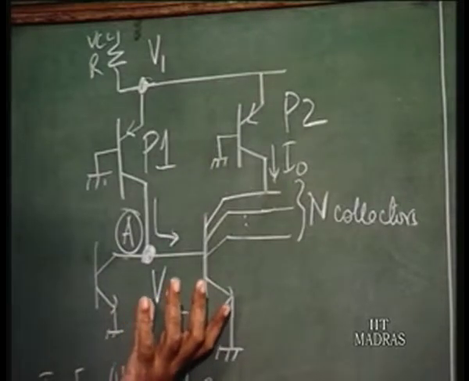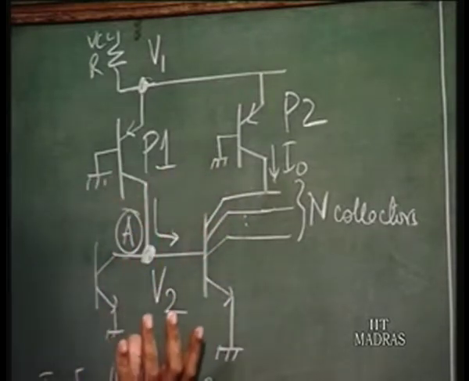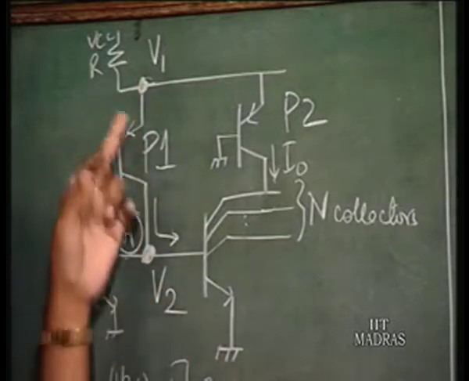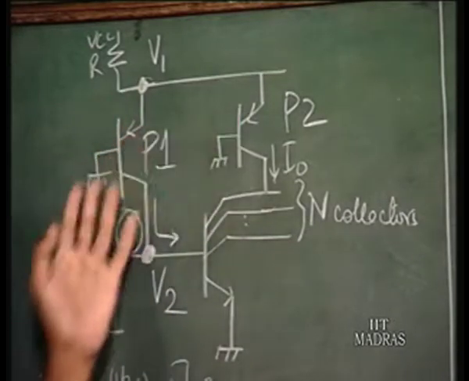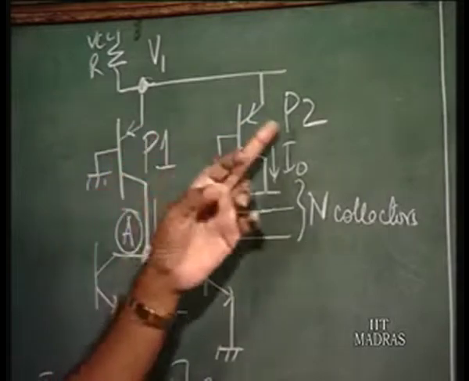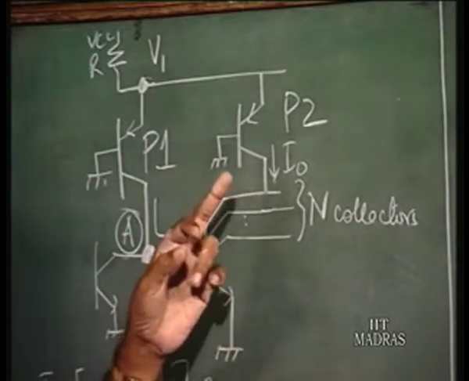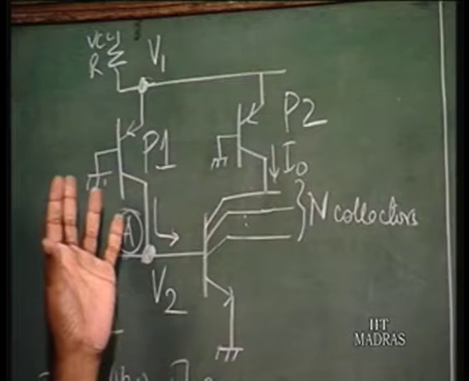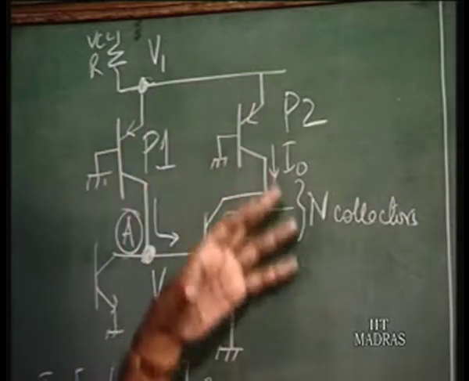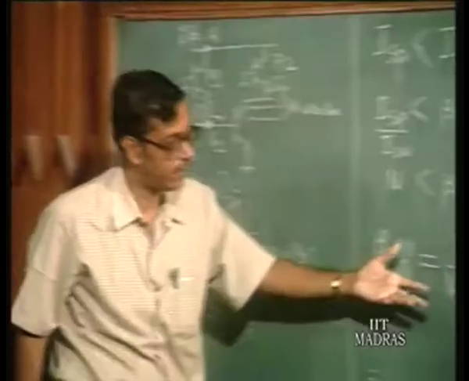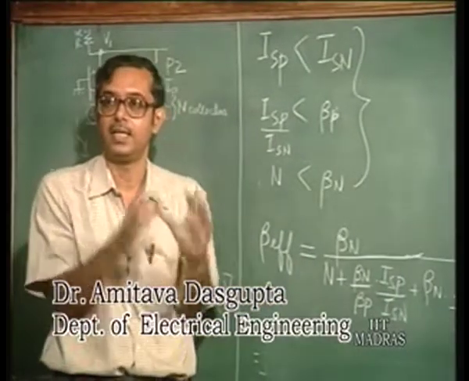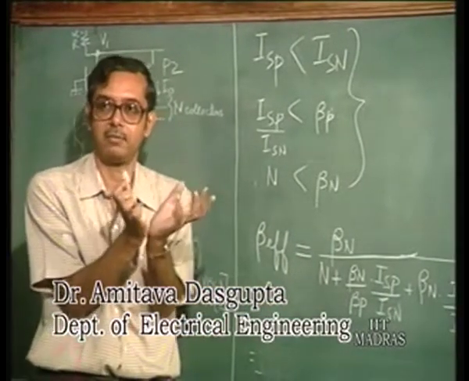So, now what you have is an effective beta because of the different states of these two PNP transistors P1 and P2. So, the effective beta must be greater than 1. The beta is modified as such if you consider it as a cell instead of as a transistor, the effective beta of the cell.